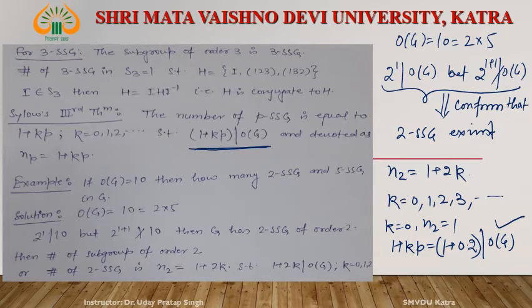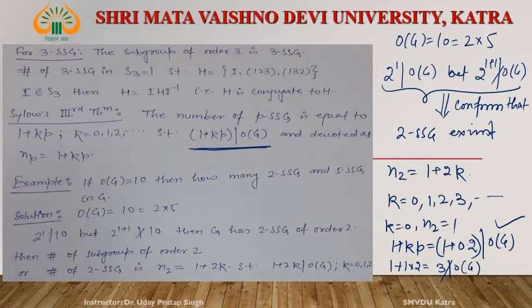For k is equal to 0, 1 plus k into 2 is 1. 1 divides 10. It's true. But for k is equal to 1, 1 plus 1 into 2, this is 3. 3 divides order of G? No. 3 does not divide order of G.